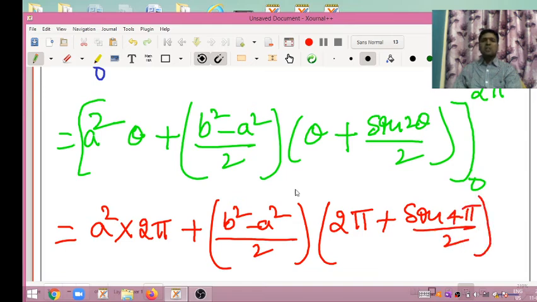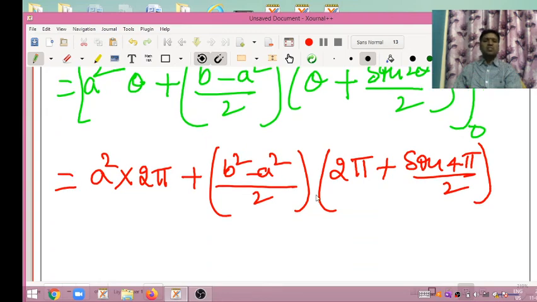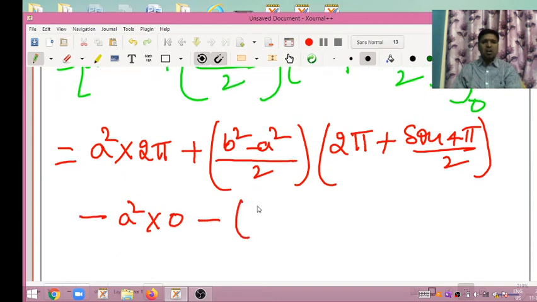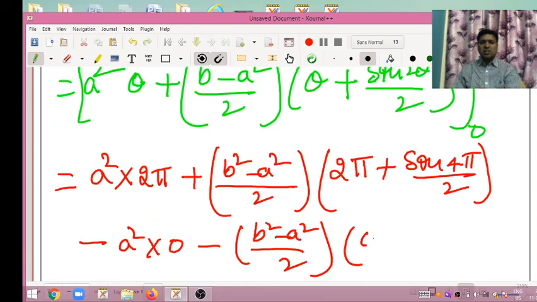Upper limit completed, now we apply the lower limit: minus of a square into 0 plus, minus of b square minus a square by 2 into theta plus sin 2 into 0. Don't get confused, I am putting the minus here.